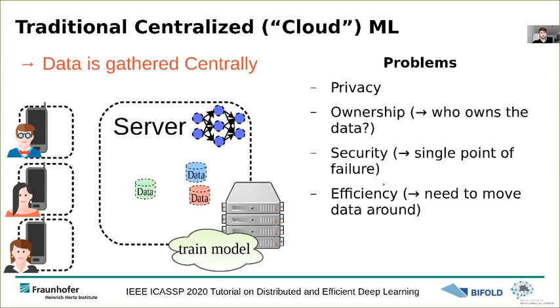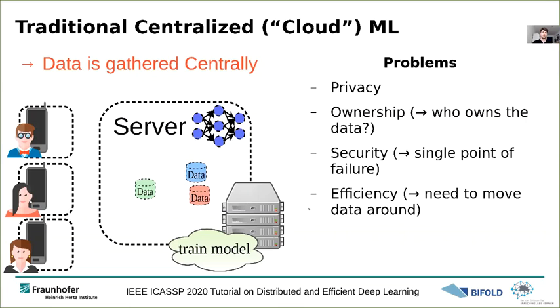If you look on Wikipedia for data center breaches, you will find a huge list of incidents where large amounts of personal data have been leaked by hackers to the public. And of course, every centralized system has the issue that it's a single point of failure. You just have to break in once, and then you can steal data from all users, basically.